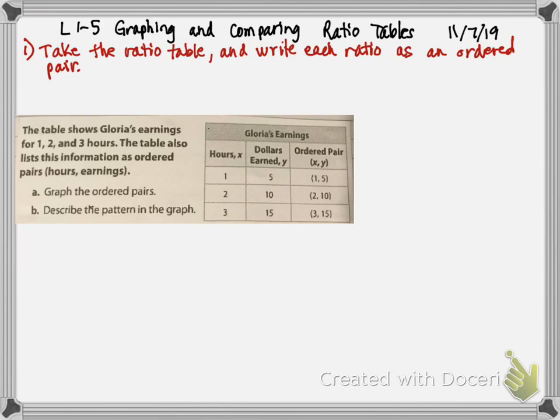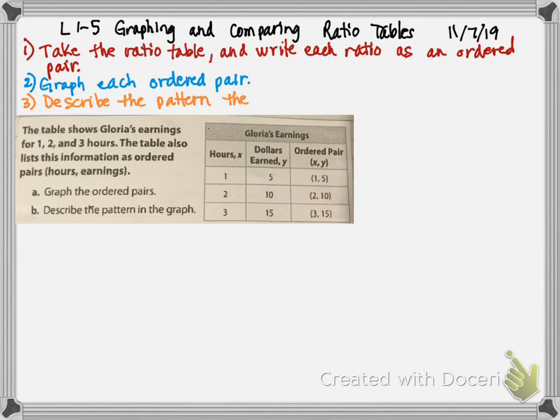We can do that if they don't give that to us, or not. Now we're going to go ahead and we're going to graph each ordered pair. Now we're not going to connect them, we're just going to graph the independent points. And then the last thing we need to do is we're going to describe the pattern the graph makes.